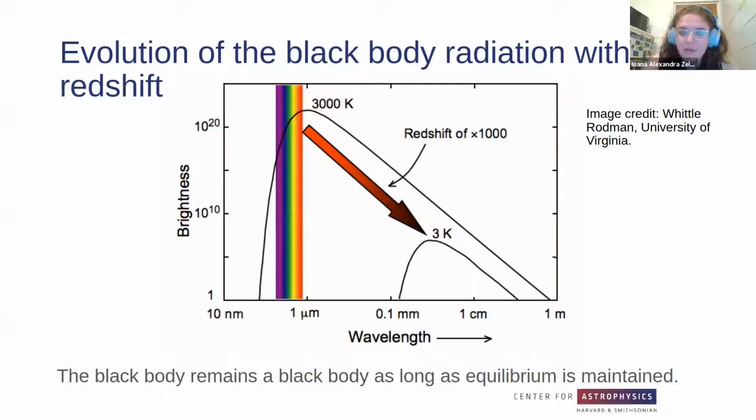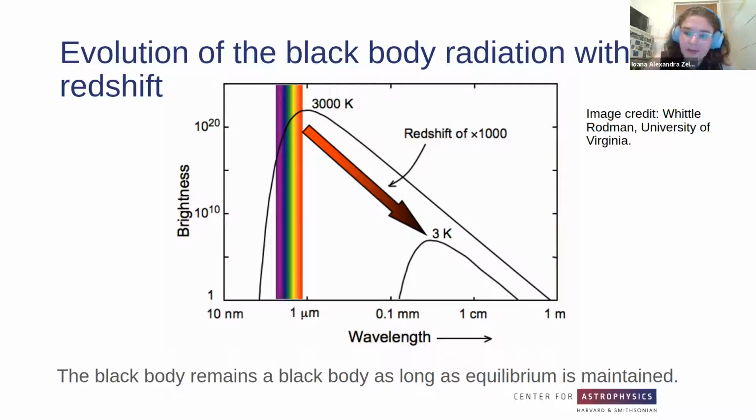One first phenomenon that we need to think of is the redshifting of the radiation. The universe, as time passes, is expanding, and we use the redshift parameter z to parameterize its expansion.